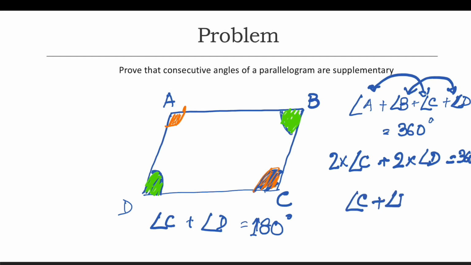So angle C plus angle D, I will take 2 common, bring it here, 360 by 2 equals 180. So it's a very easy sum. The consecutive angles of a parallelogram are supplementary. All four angles sum to 360 degrees, opposite angles are equal, so by default the sum of two consecutive angles will be 180.